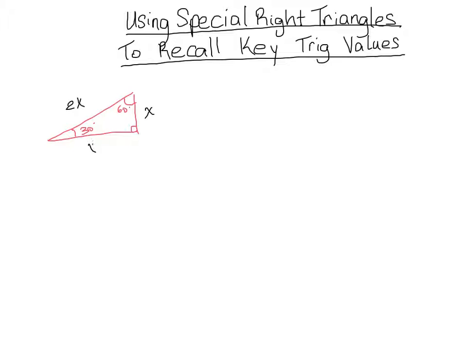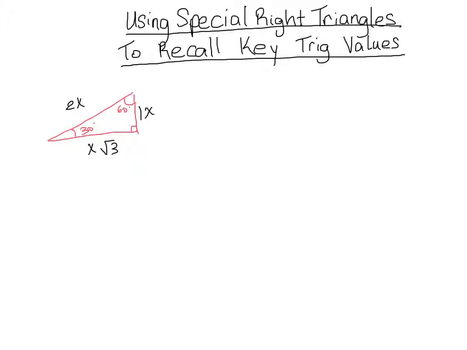Alright, so here's the thing. If I wanted to reduce this down to the smallest version of this triangle to remember, I'm going to just stick a 1 here. That's 1x, 2x, x root 3. I'm just going to get rid of all the x's. We don't really need them.